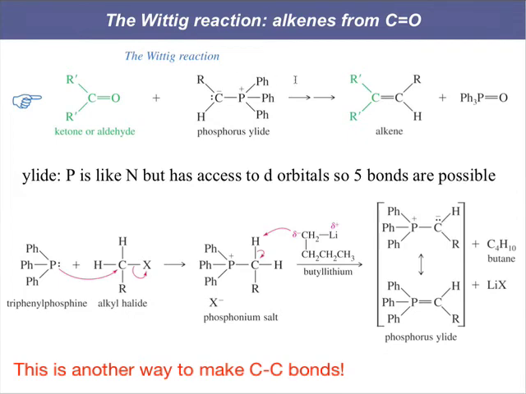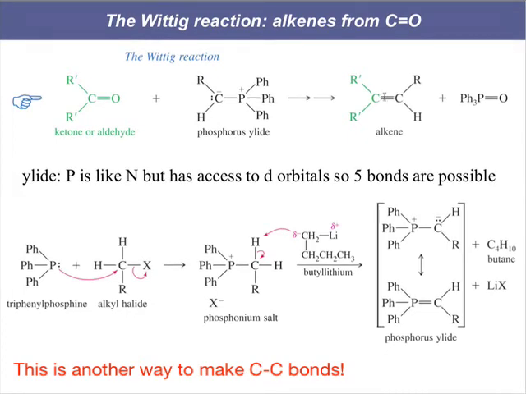It almost looks like the functional reverse of the oxidative cleavage by ozonolysis. In ozonolysis, we would start with an alkene and cleave that C double bond C to make the ketone or aldehyde. Here, we're starting with the ketone or aldehyde, reacting it with the phosphorus ylide, and reassembling that into an alkene.